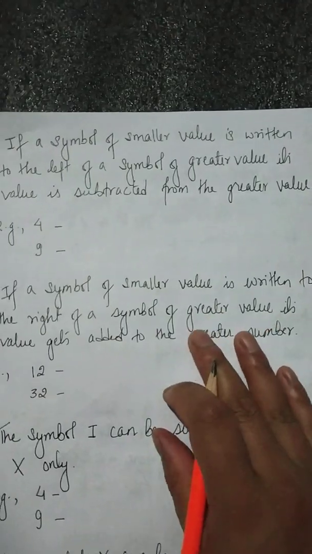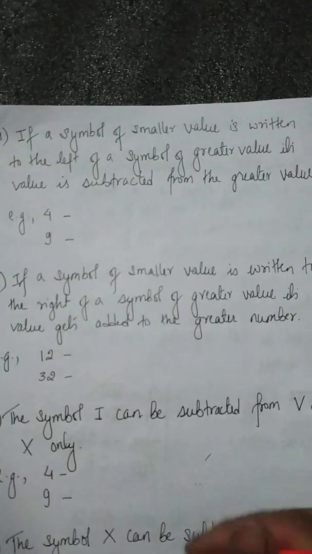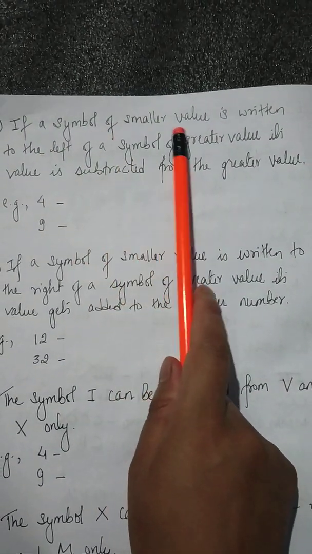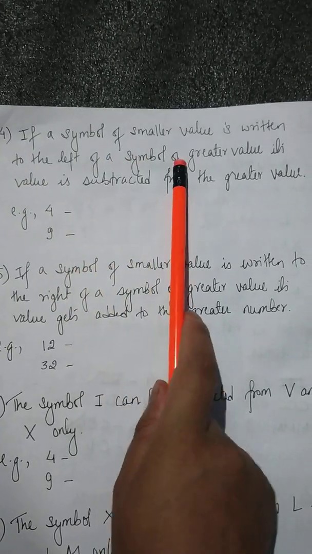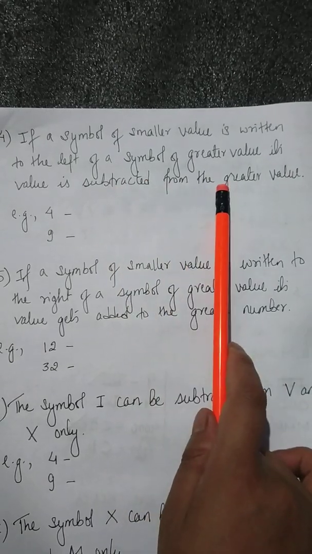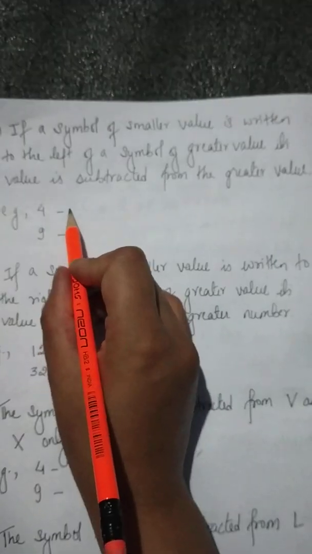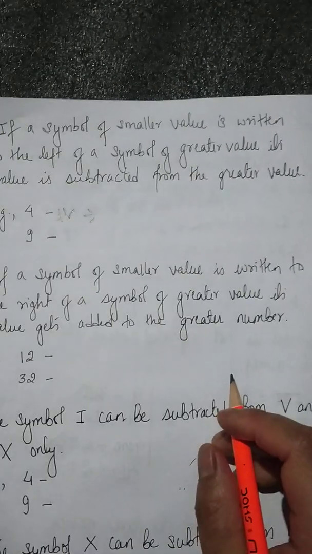Now we have some more rules. Now let's talk about the next rule, that is the fourth rule. According to the fourth rule, if a symbol of smaller value is written to the left of a symbol of greater value, its value is subtracted from the greater number. It means 4, we all know how we write 4: I, V. 4 is written as IV.